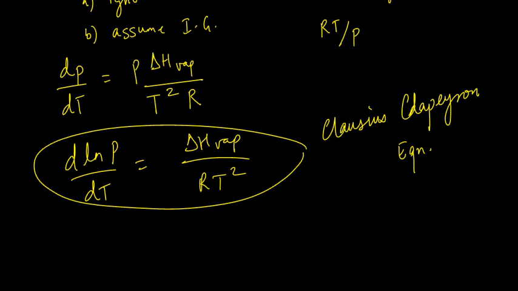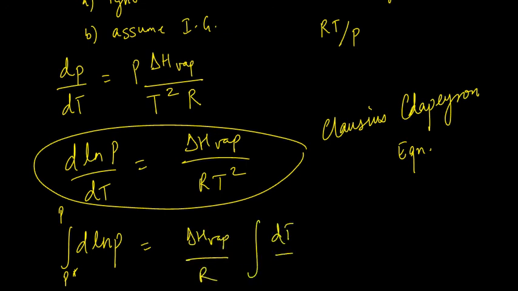So for the liquid gas, let's quickly integrate this, or maybe I could leave it for you to integrate. Maybe I'll just tell you the final result which I have. If I start with a value of P star and go to P, we'll be integrating between these limits, P star to P, equal to delta H vaporization by R, dT by T square.